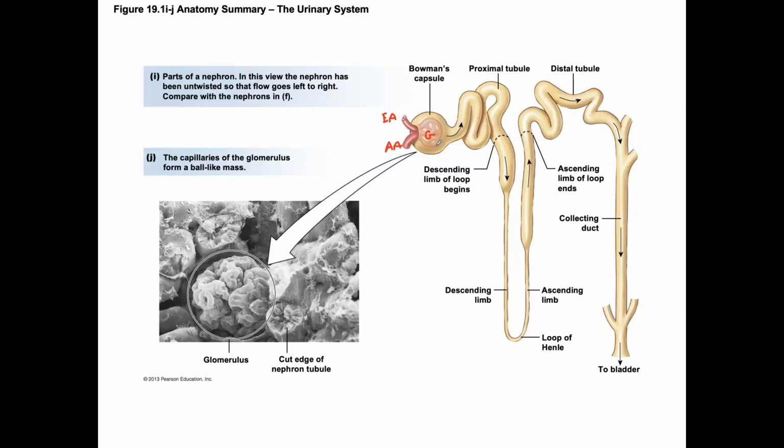There's the glomerulus surrounded by Bowman's capsule, connected to the proximal convoluted tubule, the nephron loop or loop of Henle, distal convoluted tubule, and then the collecting duct. These are the main structures of the nephron, and the nephrons are microscopic tubule systems involved in the processes that take place within the kidney: filtration, reabsorption, and secretion.